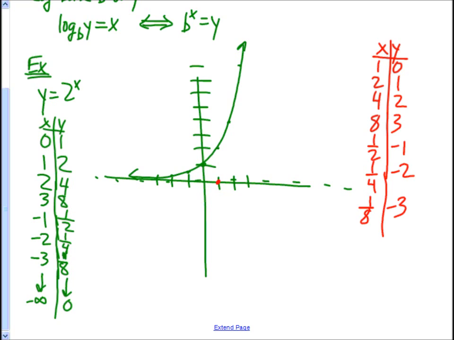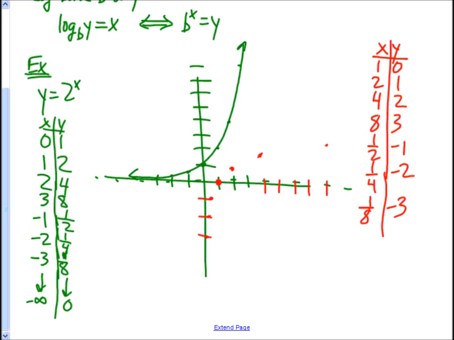So 1, 0, that's a very critical point right there. Then 2, 1; 4, 2; 8, 3. Half way over, I'm down at negative 1. A fourth of the way over, I'm at negative 2. An eighth of the way over, I'm down here at negative 3.